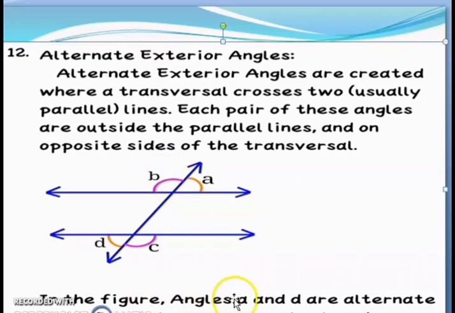So in this figure, angle A and angle D and angle B and angle C are alternate exterior angles. These are on the exterior of these parallel lines and are on opposite sides of the transversal.